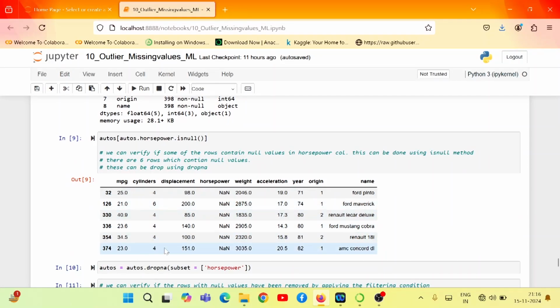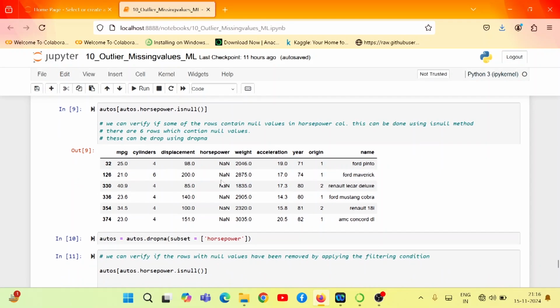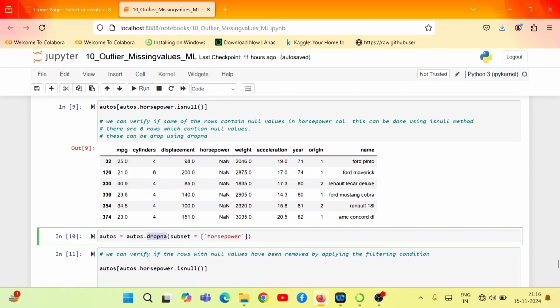Now, how to handle them? These rows can be dropped from the data frame using a method called dropna. Basically, the dropna method removes all the rows with NaN values. In this data set only the feature horsepower contains NaN, hence under the subset argument we have to pass this column name, horsepower.